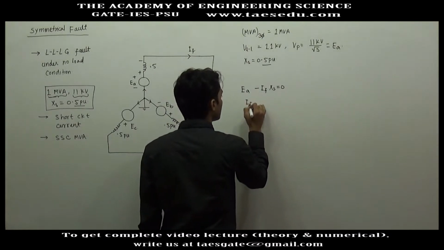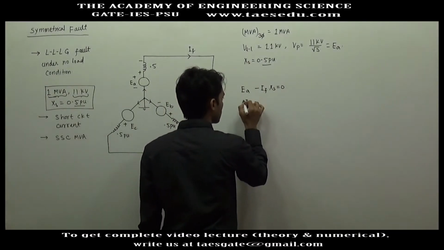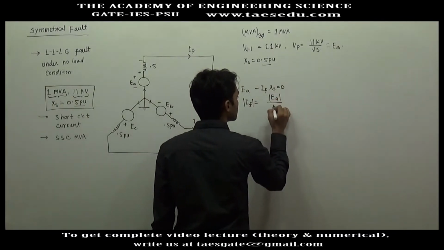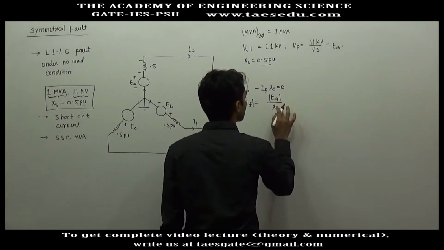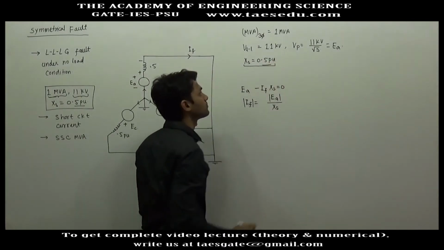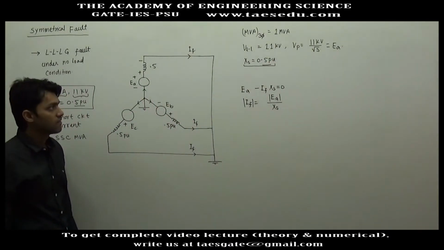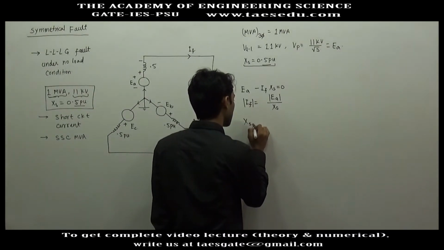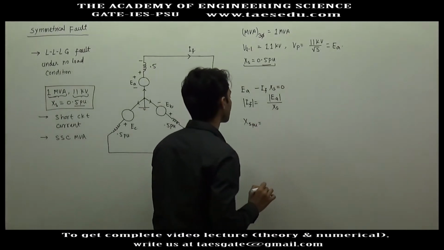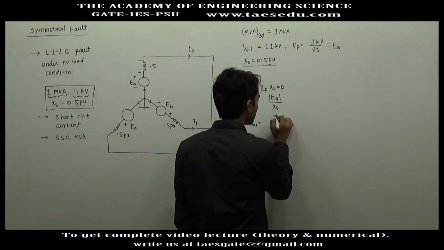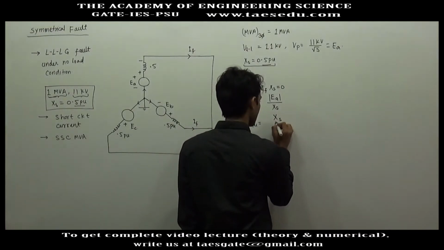So the magnitude of fault current will be the magnitude of phase voltage divided by reactance. Here you are given the per unit value of phase reactance. So XS PU will be the ohmic value of XS divided by the base impedance.